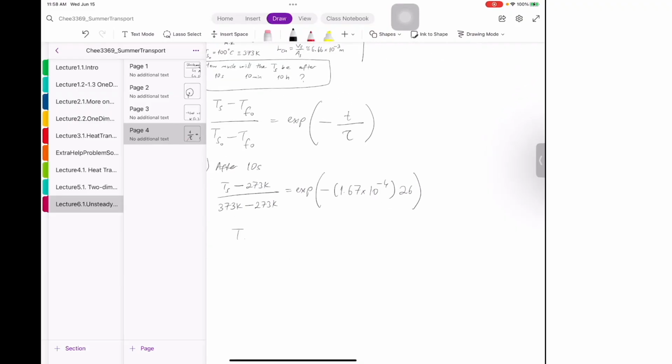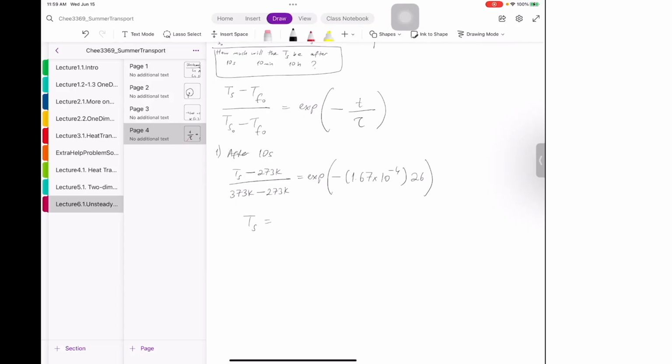And then you would get Ts equal to... Can somebody do this calculation for me, please?